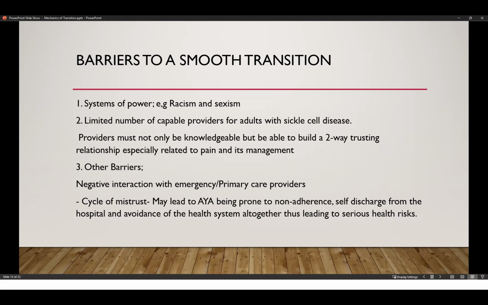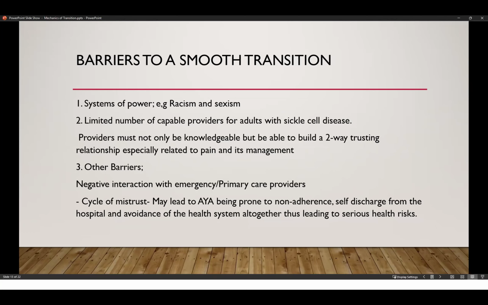So things like patients may not have a good relationship with the provider because the provider may not be comfortable seeing a patient, probably because of the provider's bias, or they may not even have access to health insurance. So all that would limit their transition to be smooth.